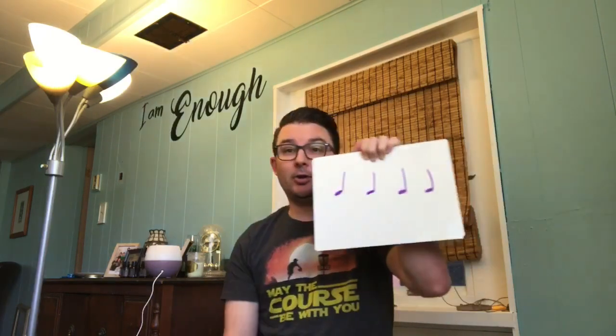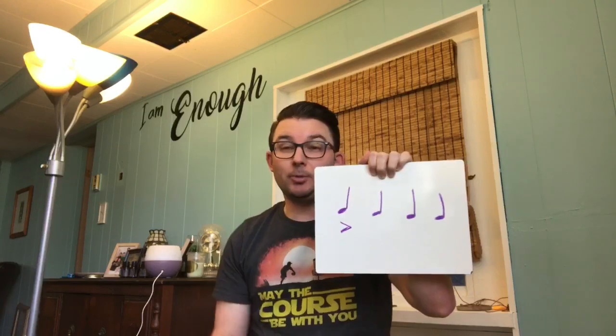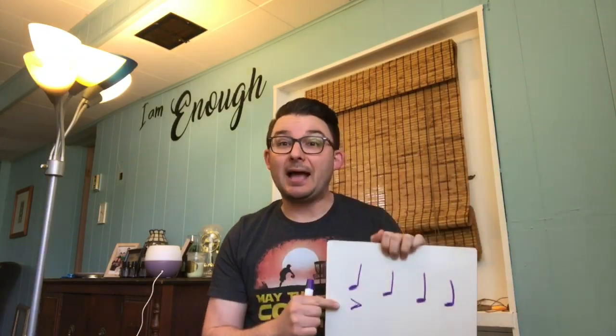Another thing is when you're reading the music notes, how it looks. So let's say we have some music notes here. Here I have 4 do's, right? If I put a little mark under it like this, kind of like a little greater than sign from math class, that is called an accent.